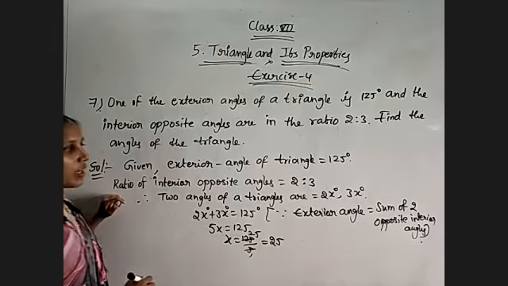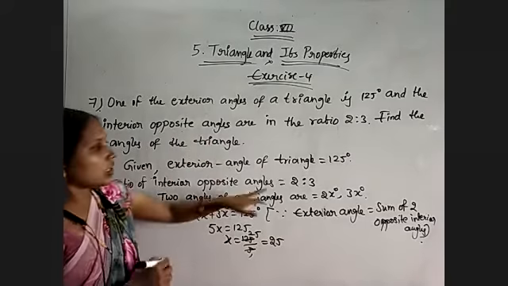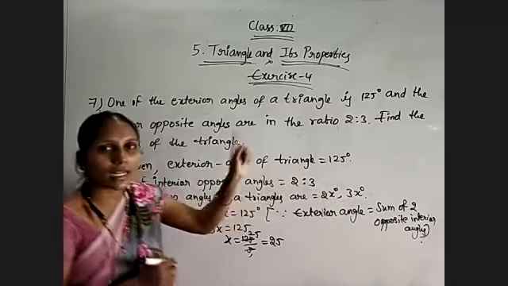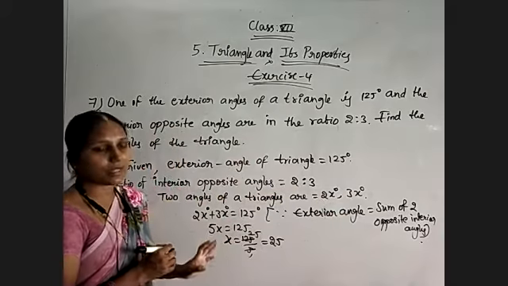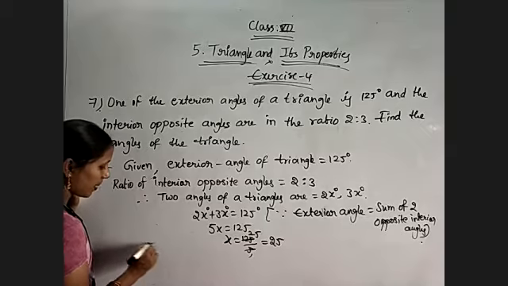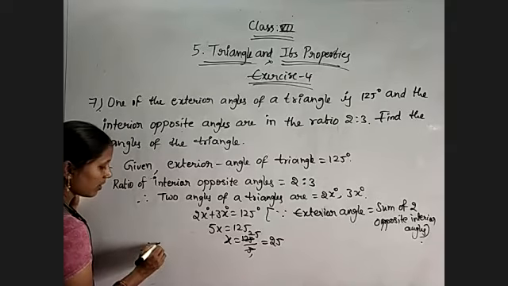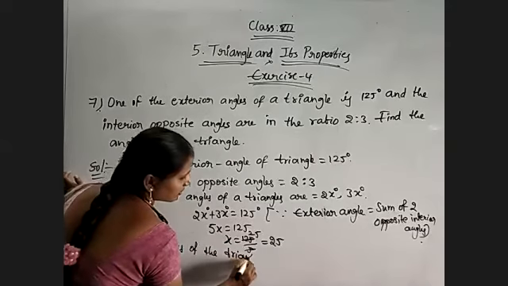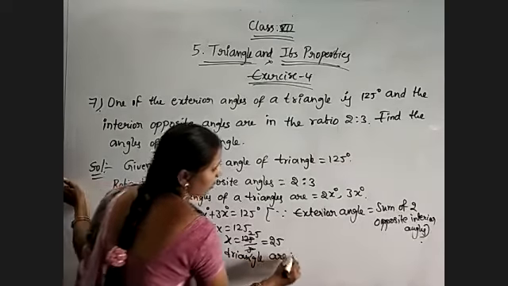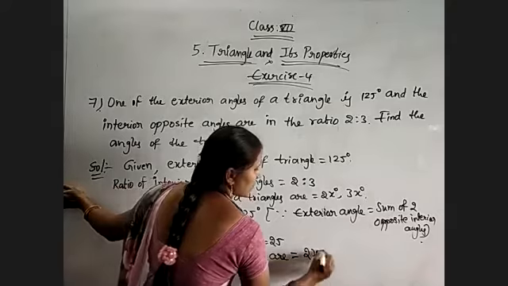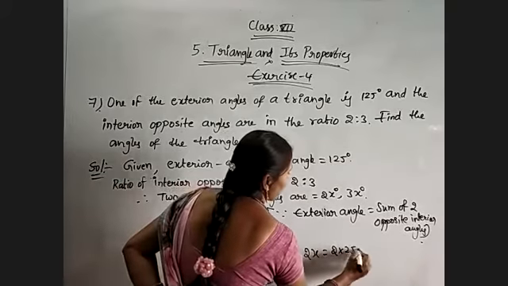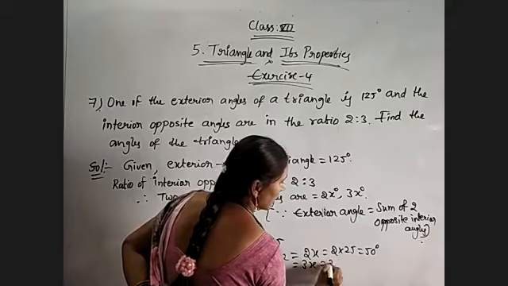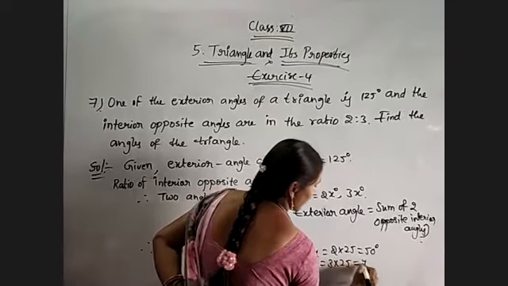The x value we got, but we need the angles of the triangle. So the two interior angles we will get by taking the x value, 2x and 3x. To find out the third angle, we must use the angle sum property. So therefore, the angles of the triangle are 2x, which is equal to 2 into 25, 50 degrees, and 3x, 3 into 25, 75 degrees.